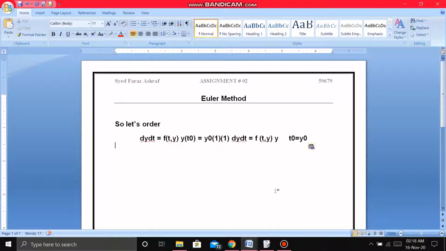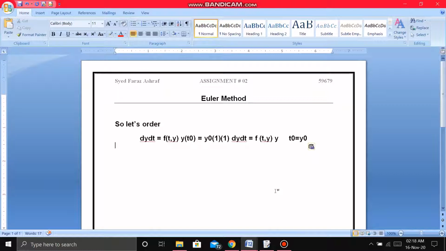From the second theorem in the intervals of validity section, we know that if f and fy are continuous functions, then there is a unique solution to the IVP in some interval surrounding t0. So let's assume that everything is nice and continuous, so that we know that a solution will in fact exist.